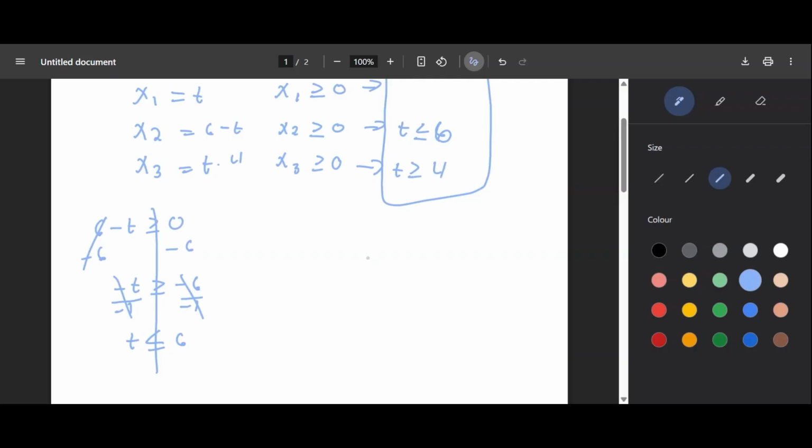So I can write that in this sort of format right here. So we know that t has to be less than or equal to 6, and we know that t has to be greater than or equal to 4. Okay, so we have 4, something, and 6 all as good values for t. Well, basically everything between 4 and 6.